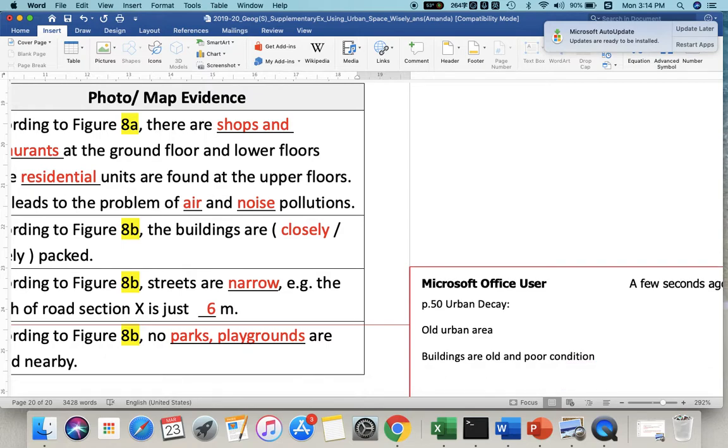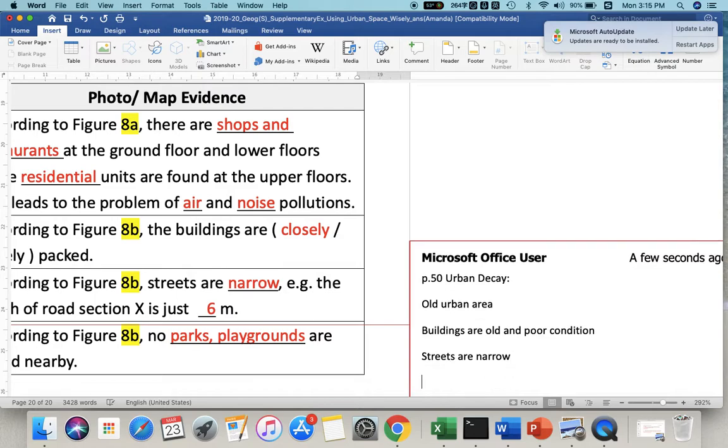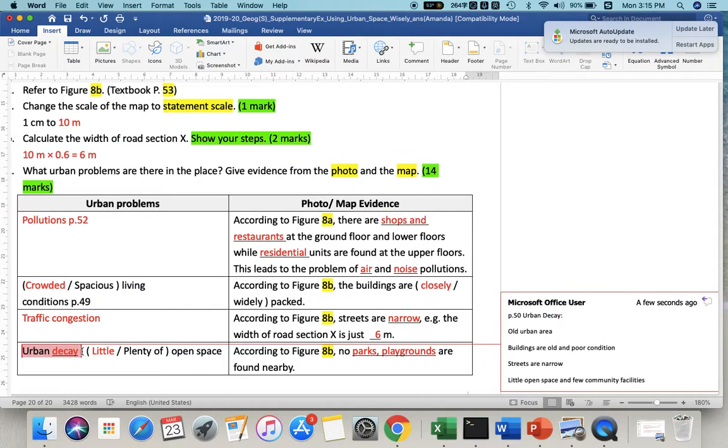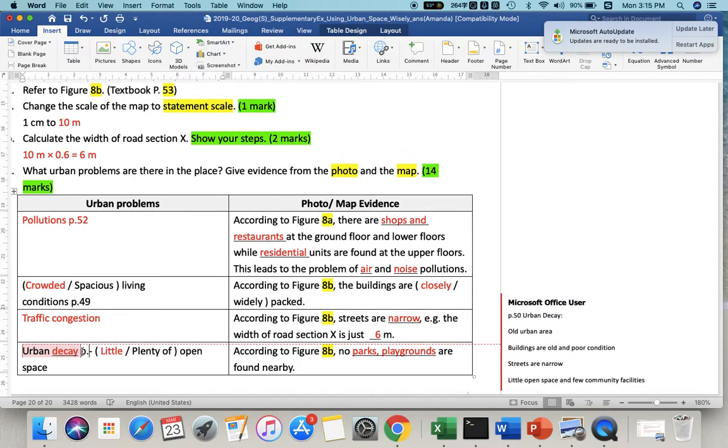At the same time, the streets are narrow. And most importantly, in this point there is very little open space and very few community facilities. Okay, so this is a very quick revision for the concept of urban decay on page 50 of your book.